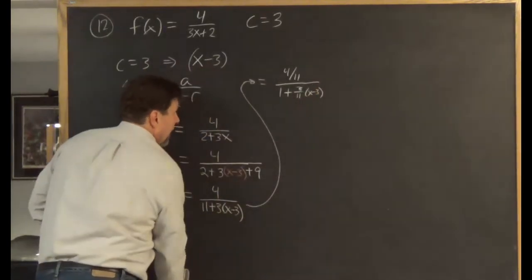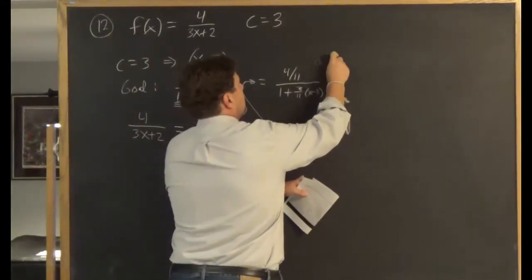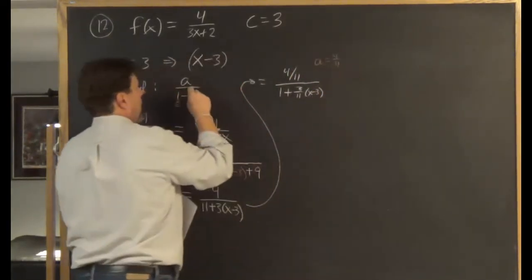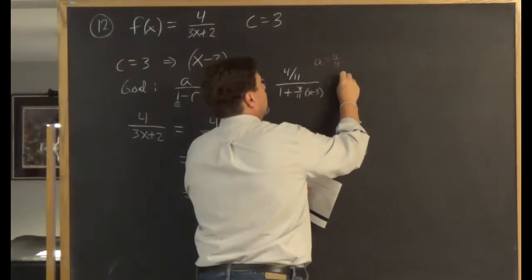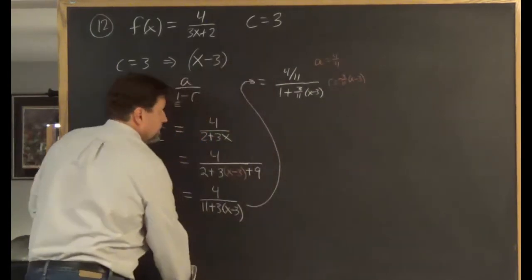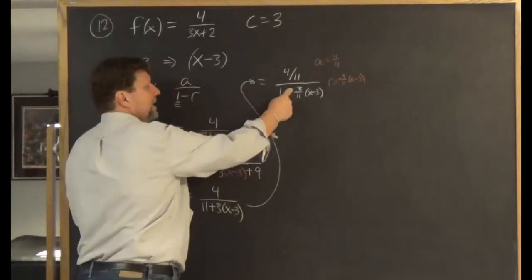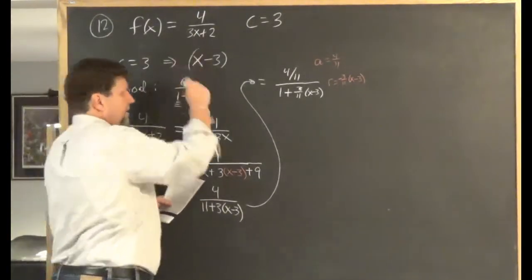So I can now see A is 4/11. R is negative 3/11 x minus 3. 1 minus negative. So the power series for the function.